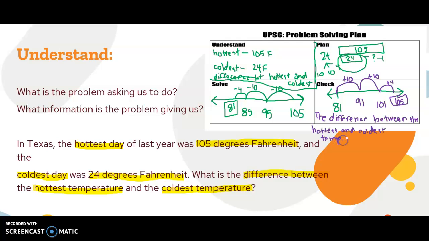I'm going to abbreviate temperature in Texas.